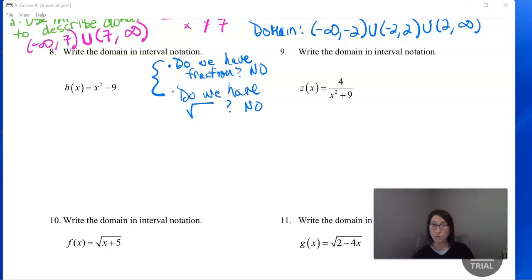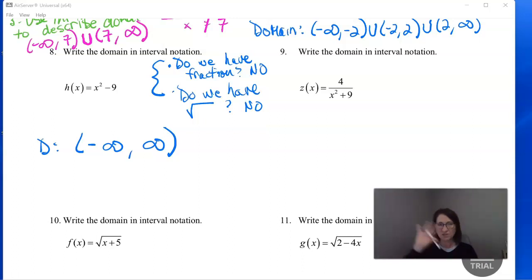The answer is no. So that means there are no exclusions. And so our domain is simply negative infinity to positive infinity. We didn't even have to do any calculations. We just knew that. Okay, let's look at number 9.